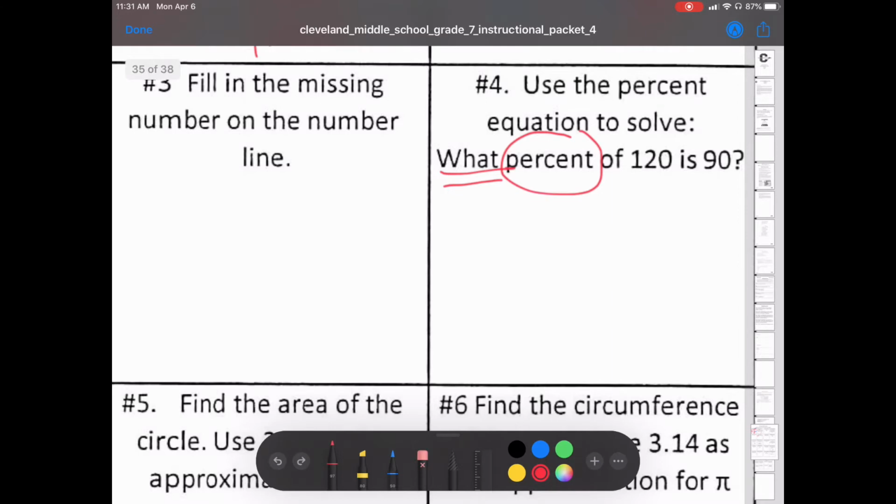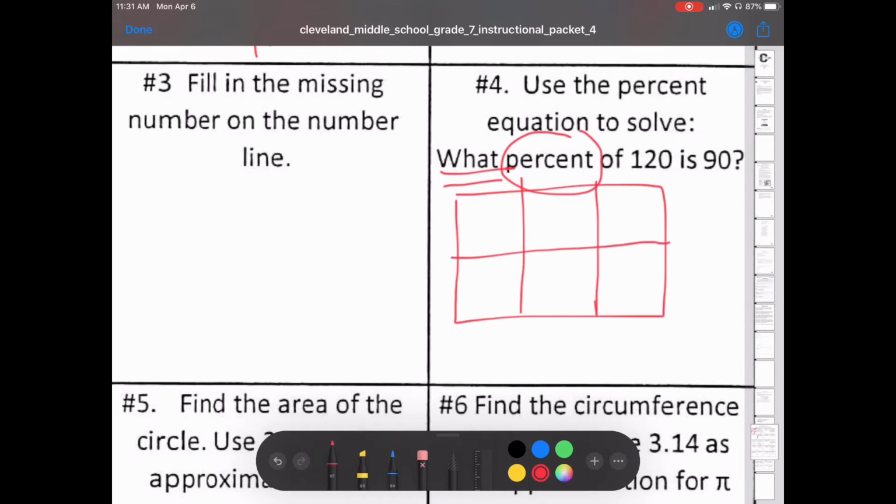Within our window, we have the part and the whole. So it says what percent of 120 is 90? So 90 is a part and 120 is the whole.